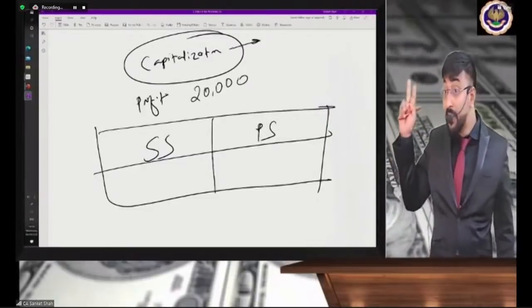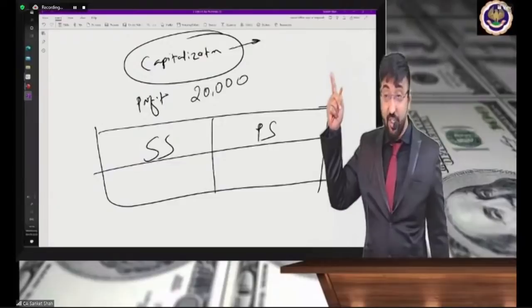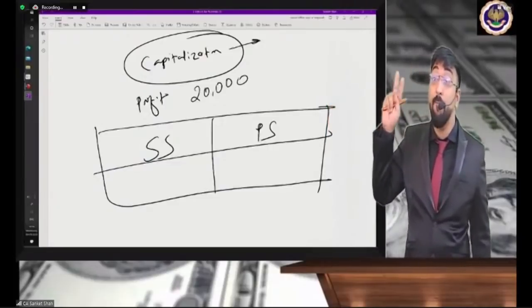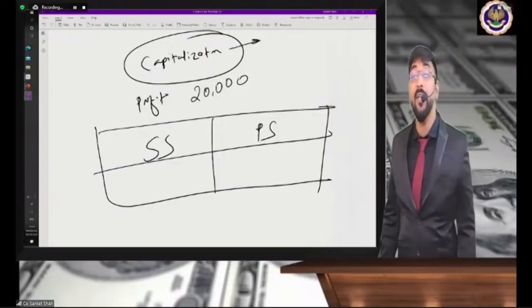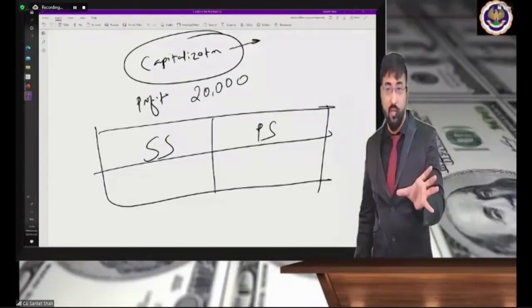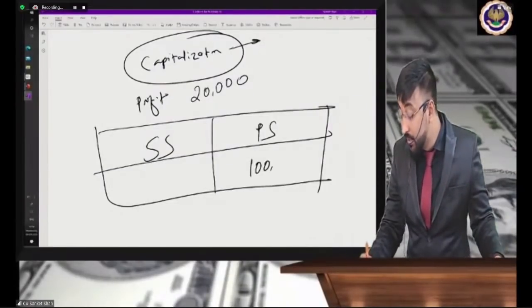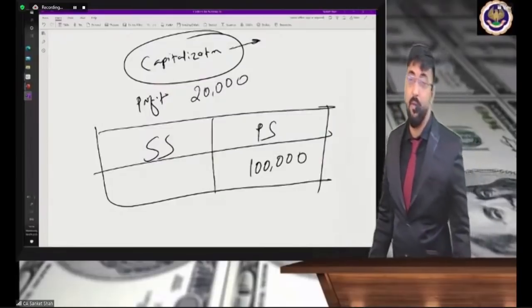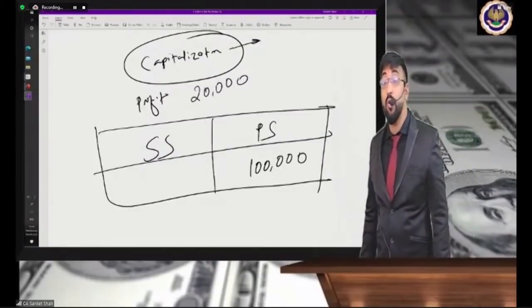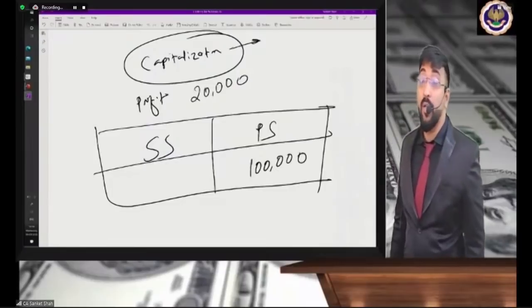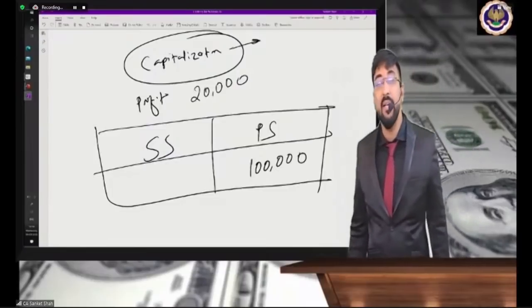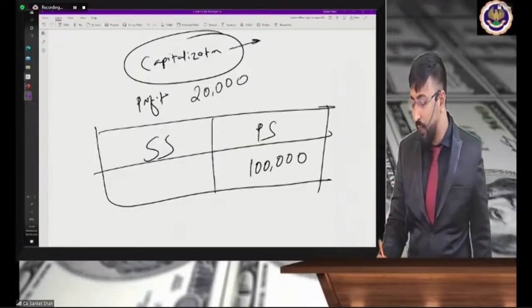The name is capitalization, so the difference is in capital. Profit is same, 20,000. But for earning 20,000, Pratham is contributing 1 lakh rupees, and Sanket sir contributed only 70,000.